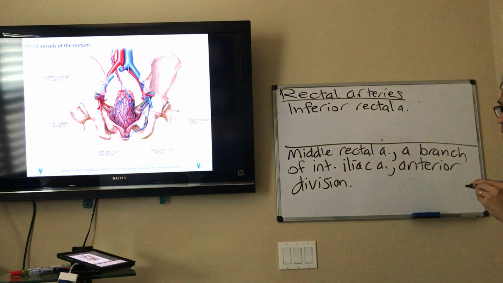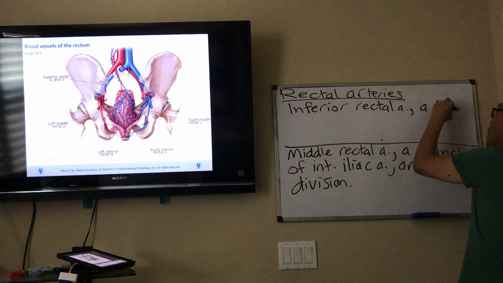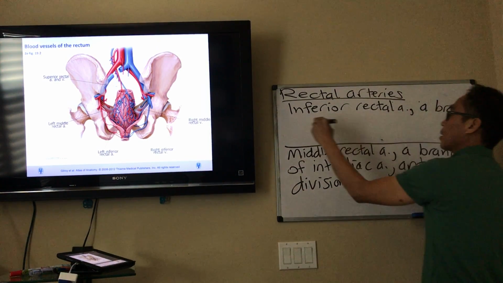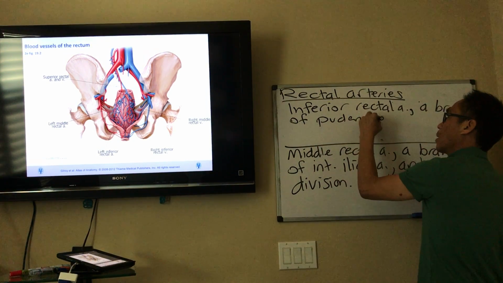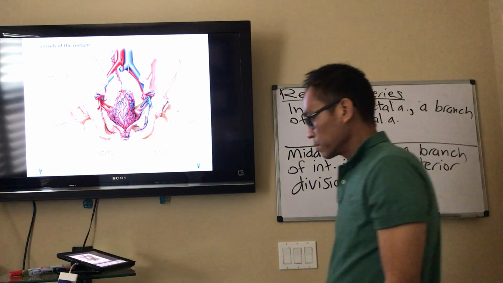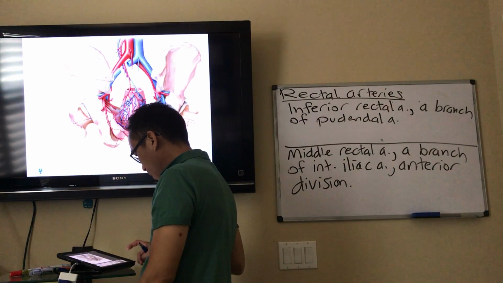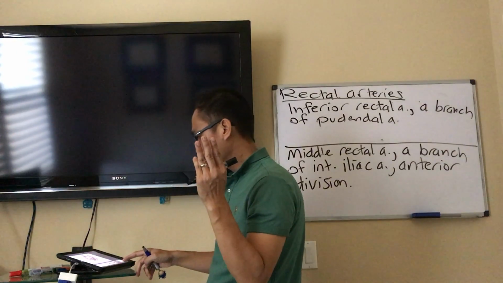Inferior rectal artery, branch of the pudendal artery. And we'll move on from the rectum. So this picture is good for the rectal arteries, got all three of them.